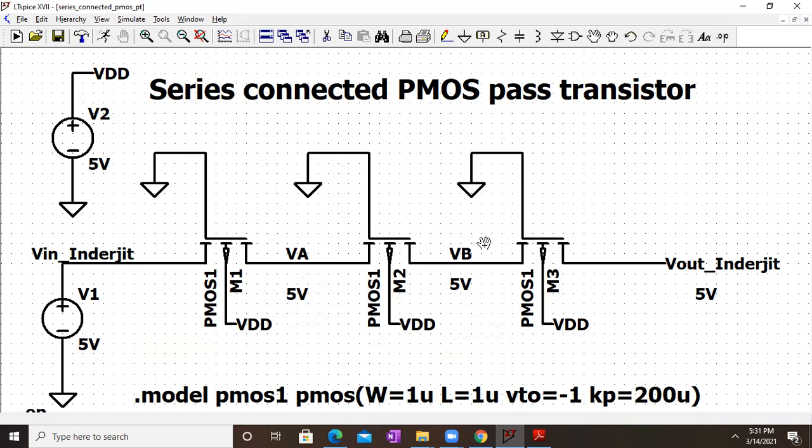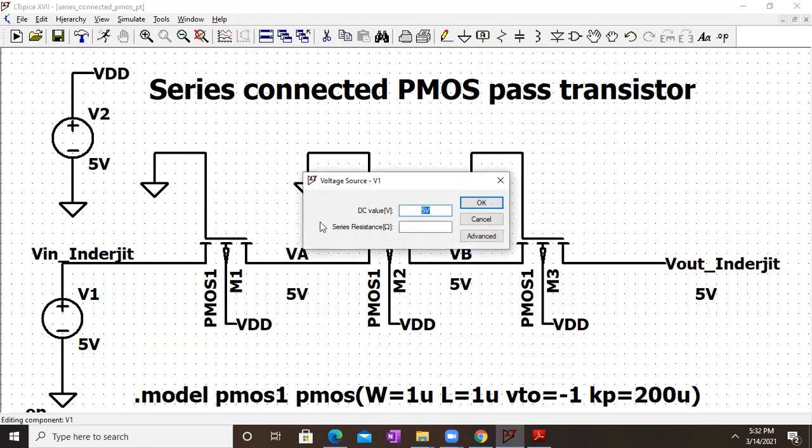Since the PMOS transistor passes logic 1, that is 5 volt, perfectly, the output Vout is also 5 volt. So this is the answer to the question: what will happen when we apply Vin as 5 volt, and what are the values of VA, VB, and Vout? It is 5 volt, 5 volt, and 5 volt. No logic voltage loss at all.